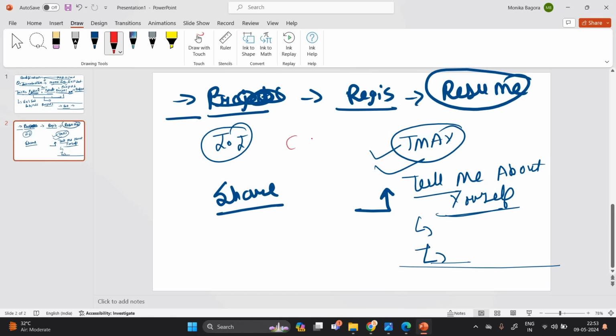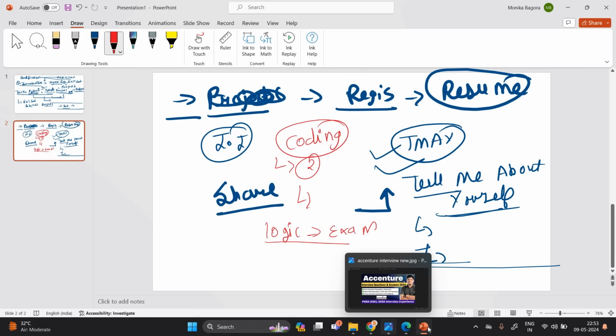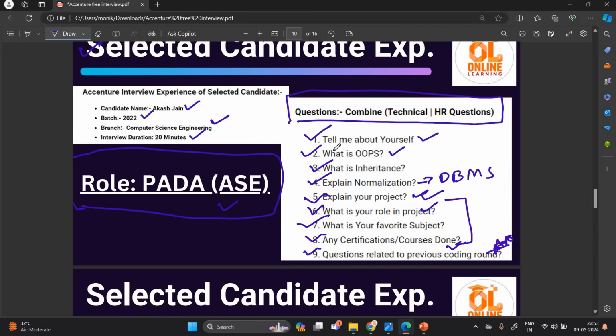Just to add one important point: suppose there are only 2 coding questions in the examination, you have to tell what the questions were or what logic was used in that exam. This will definitely not be asked, but sometimes in rare cases, if they ask, okay. But this is the actual experience of 2022, for the package app development role, AAC role.